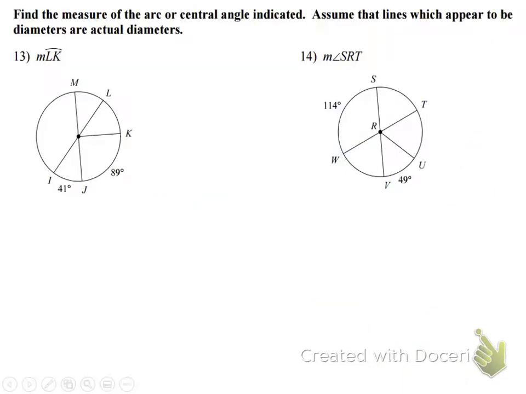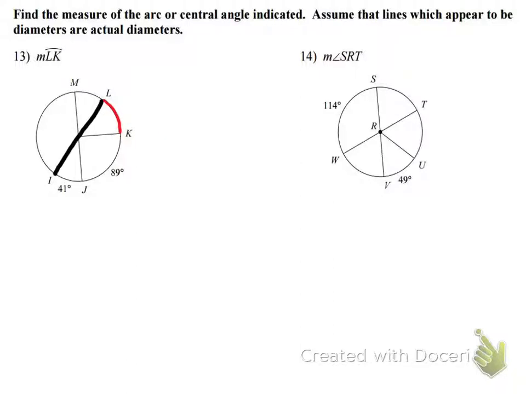So here we are. Find the measure of the arc or central angle indicated. Assume that the lines that appear to be diameters are diameters. We want to find arc LK. So what do you think is helpful in this picture to notice to find arc LK? We have 2 diameters. Which one is the most helpful? Yeah, LI.